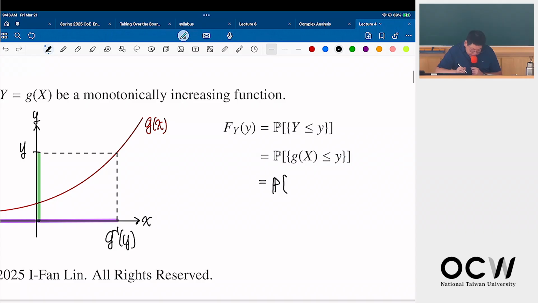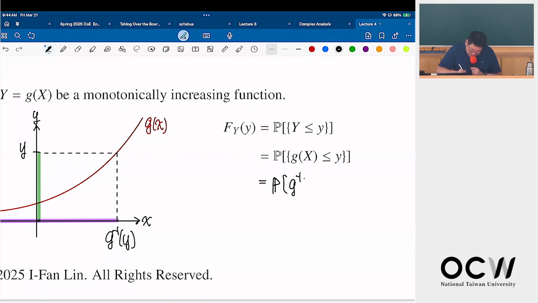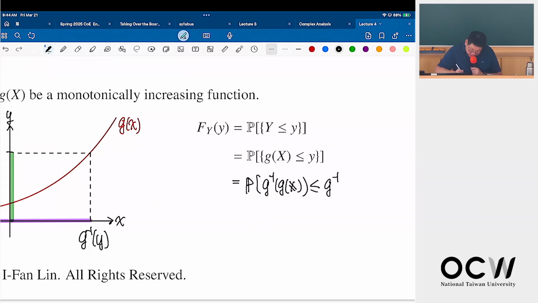For g of x, that means if I apply the inverse to both sides, we have g inverse of g of x less than or equal to g inverse of y.